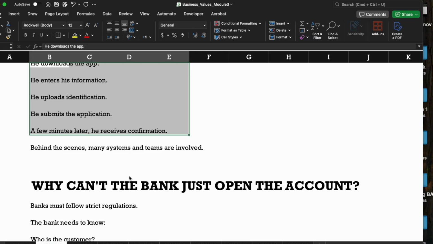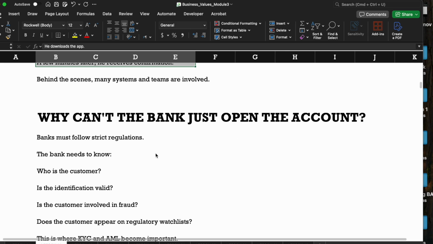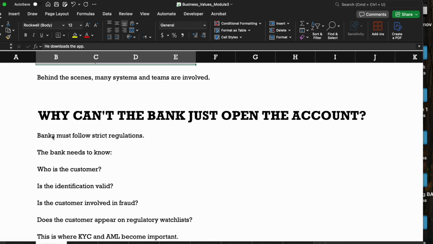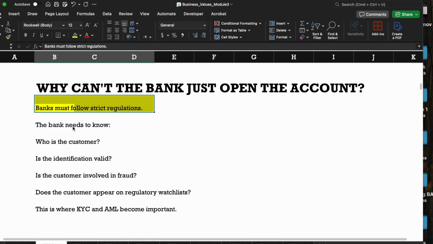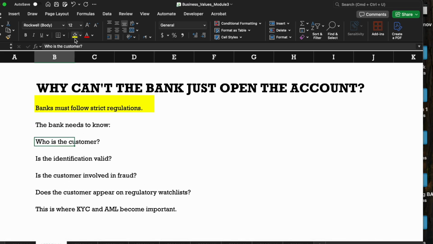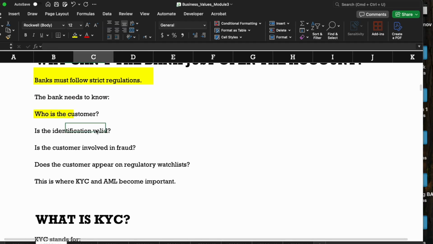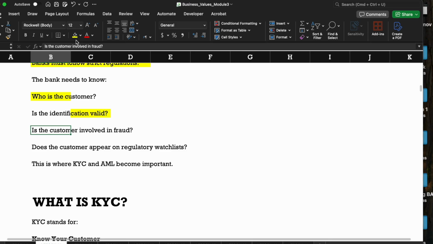So why can't the bank just open the account? The bank must follow strict regulations. Why does the bank have to follow strict rules? The bank needs to know who this customer is, right? If it is digital, anyone can apply from anywhere. Is the identification valid? That's what we validate first. Is the customer involved in fraud? That we need to validate, right?